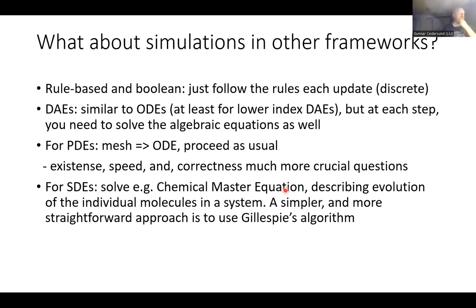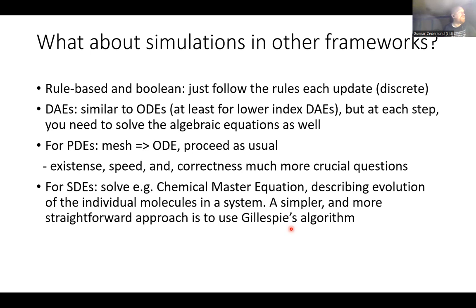So typically it keeps track of all of the individual molecules in the system, and typically you don't want to solve that because numerically that's very intractable. So what you do instead, and this is the only algorithm that we look at in a little bit of detail, is a simpler way to approximately solve the chemical master equation called Gillespie's algorithm.